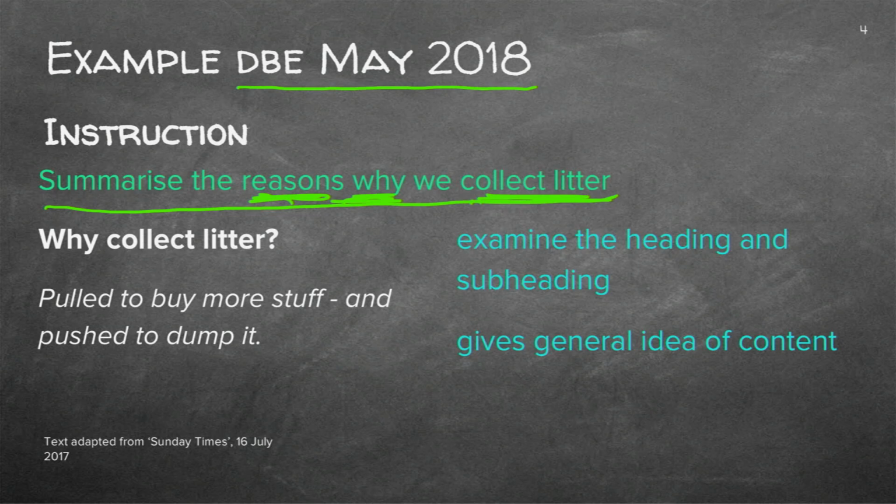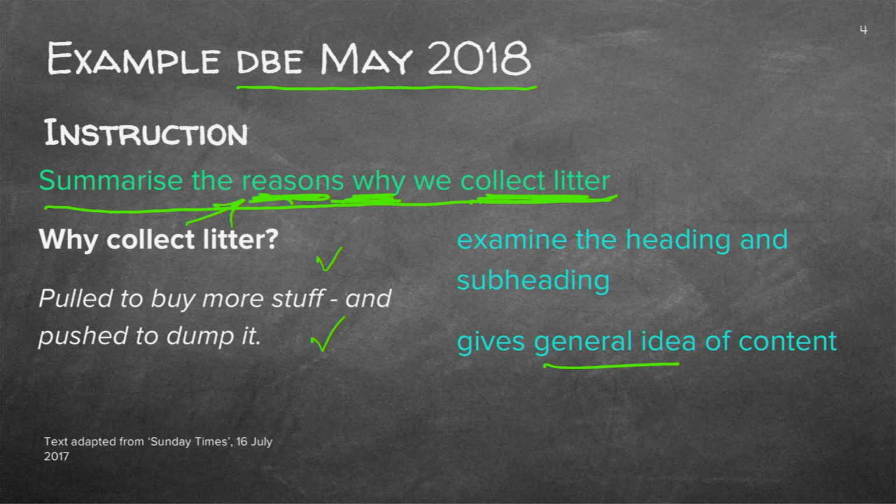Only those things, right? Now, you usually start with the heading. You're not going to find a point there. But the heading and the subheading, very often there is a subheading, will give you a general idea of what you can expect when you read, right? Why collect litter? Can you see the reasons?